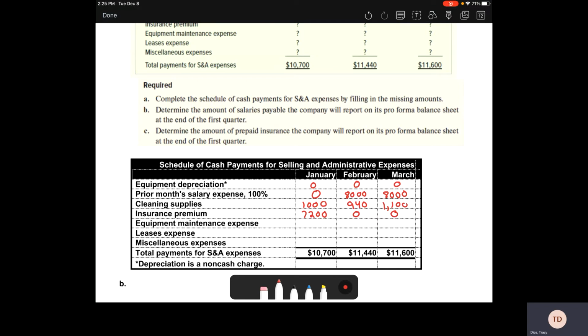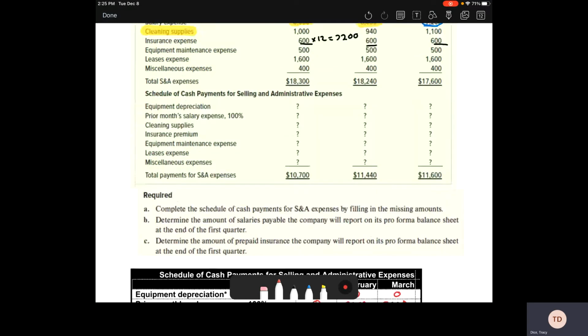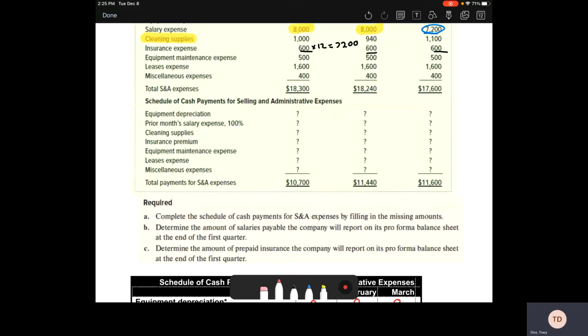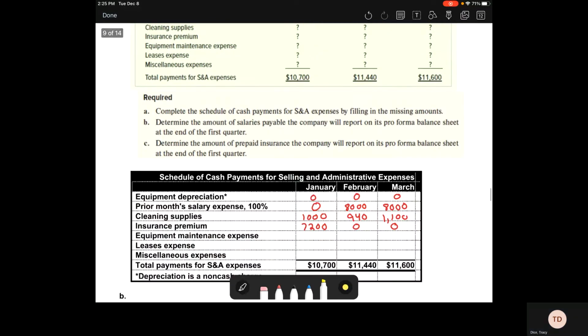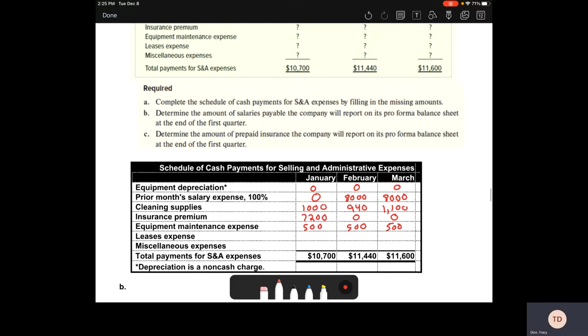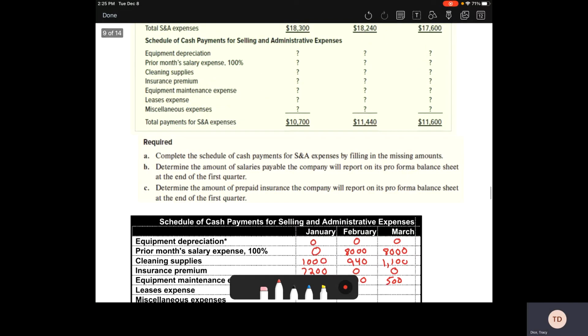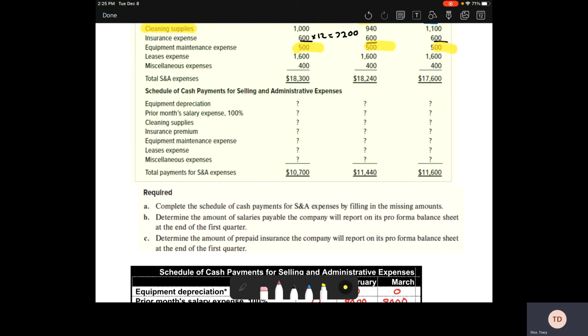Our equipment maintenance expense is just going to be what they show us, which is $500 each month from right up here. Same thing for our lease expense. We find that our lease expense is $1,600 every month.